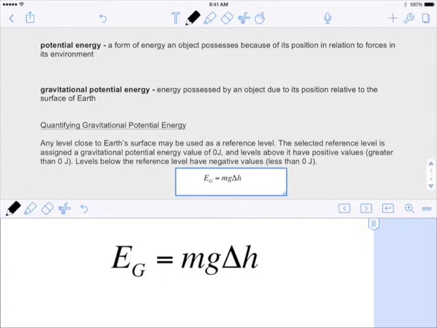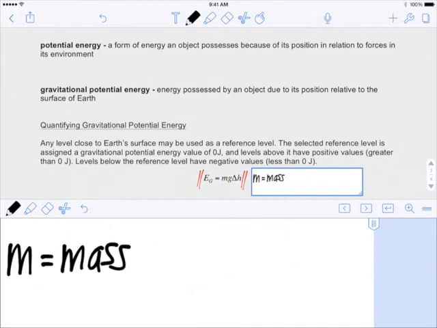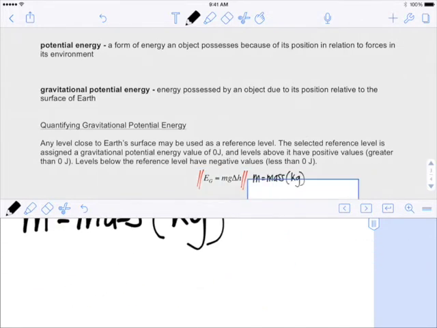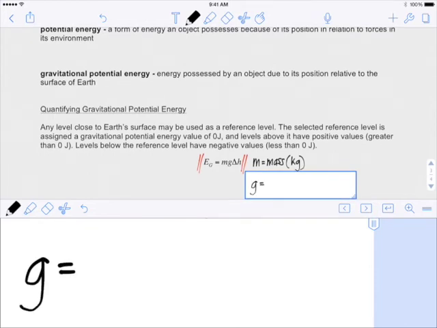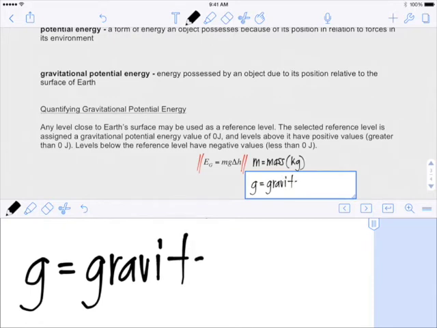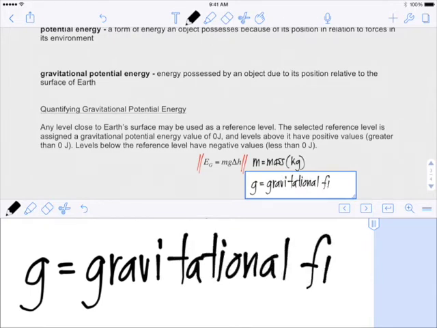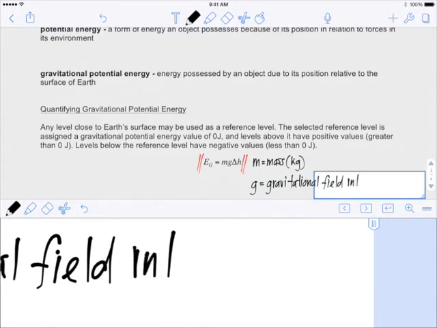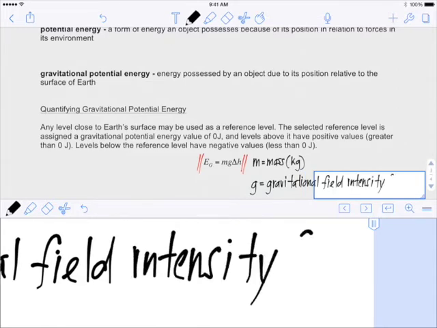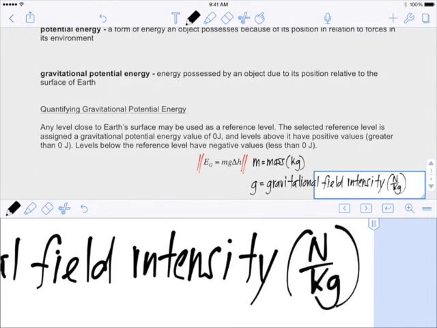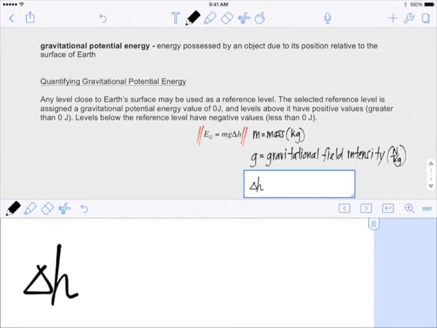So the equation for gravitational potential energy is mg delta h, where m is the mass in kilograms, g is the gravitational field intensity, measured in newtons per kilogram, and delta h is the vertical displacement of the object from its reference point.